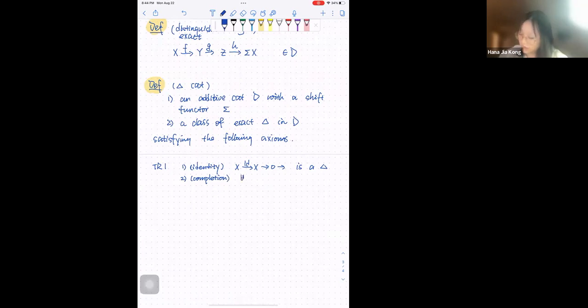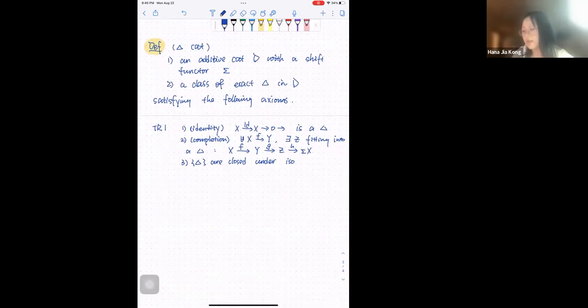That is to say, if I have any map F from X to Y, then there exists an object Z fitting into a triangle such that this first map is F. And also the third thing is that triangles are closed under taking isomorphisms.